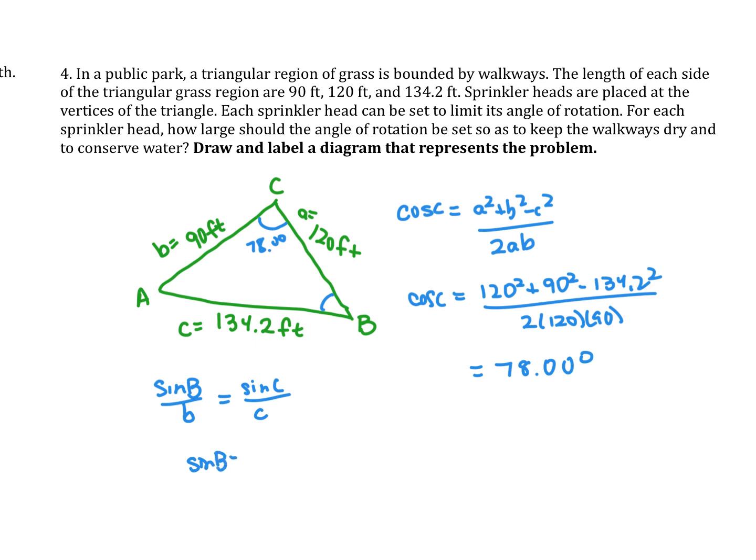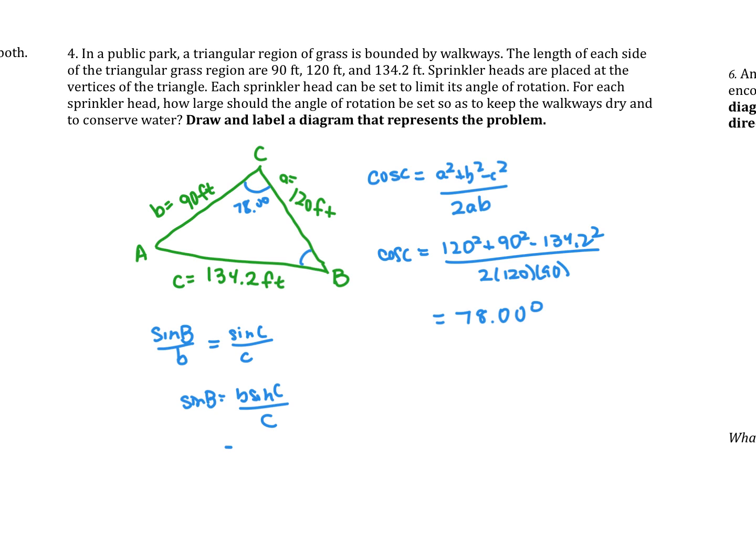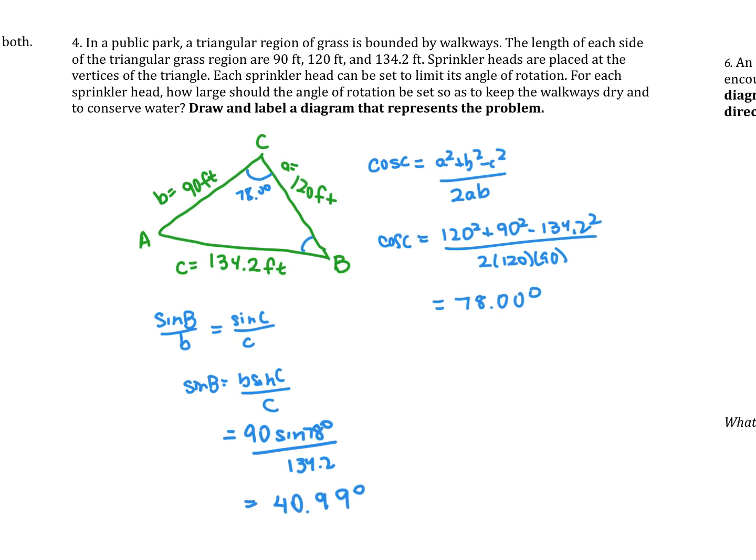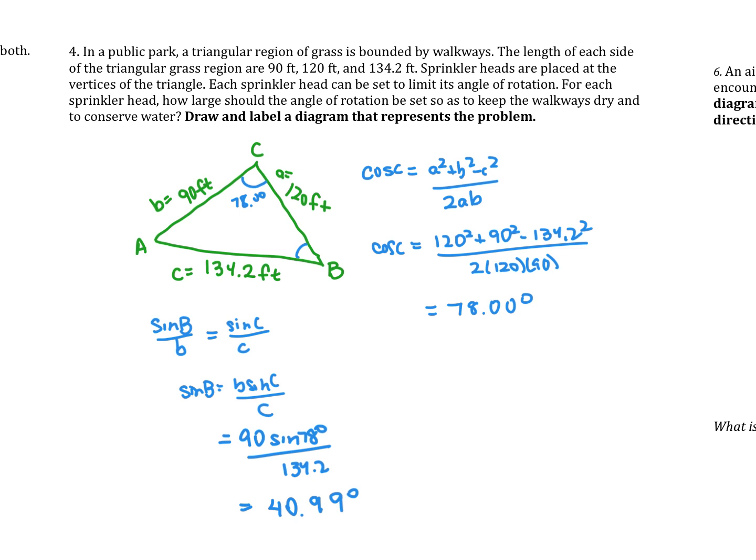So sine of B equals b sine C over c, which is 90 times sine of 78 degrees over 134.2, and that equals 40.99 degrees. We can leave it like that, 40.99 degrees, and then to find our final answer, actually let me round it to 41 degrees.